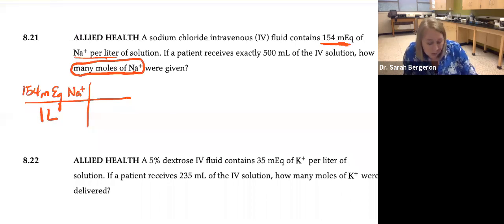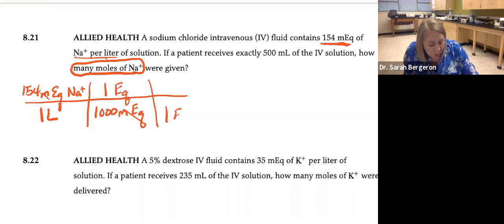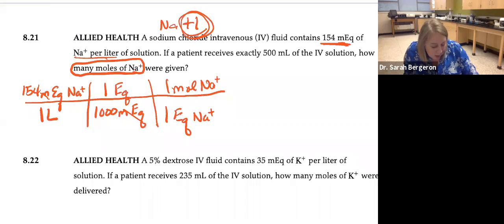Okay, so what do we want to do? Well, let's take care of what's on the top first, our milliequivalents. If it's milli, that means I have 1,000 milliequivalents in 1 equivalent. Okay, so that's how I get rid of my milli, and I'm left with equivalents. All right, so I know in 1 equivalent Na+ per 1 mole of Na+, because Na has a charge of +1. So that tells me that my coefficient right there is going to be a 1.